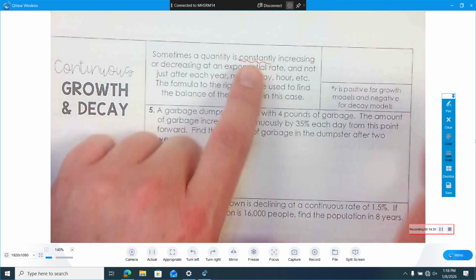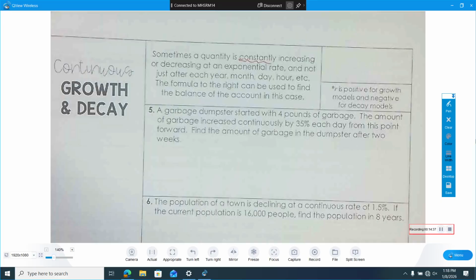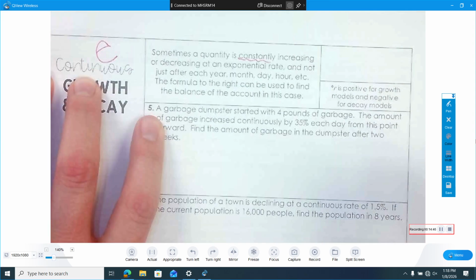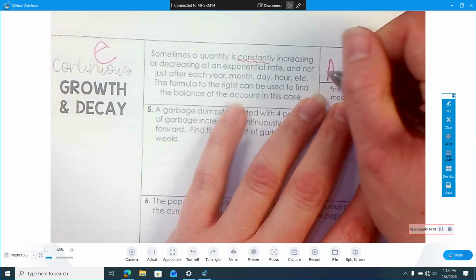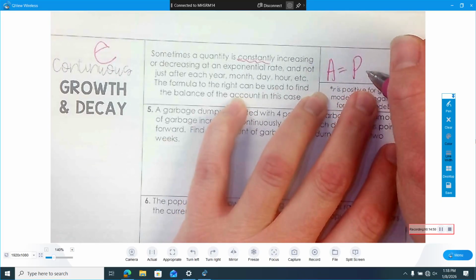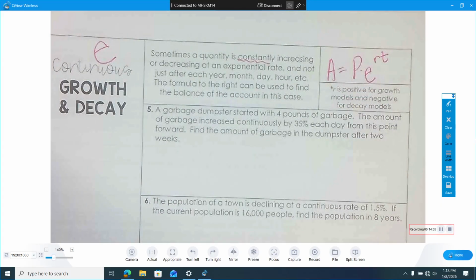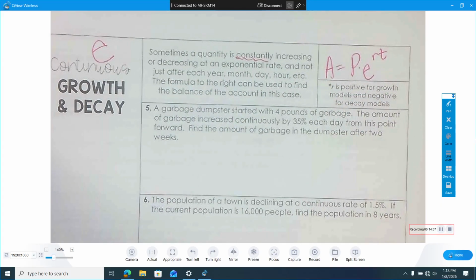Because this happens in natural things, like the biology of your cells always continuously reproducing, we use a base of e. So this is my favorite model, P times e to the rt, the PERT model.